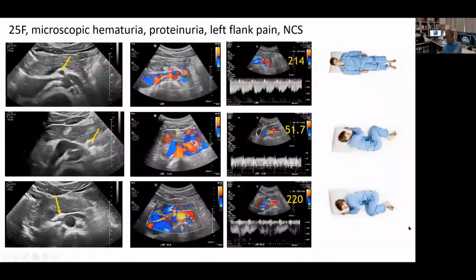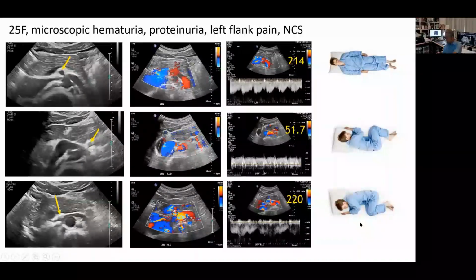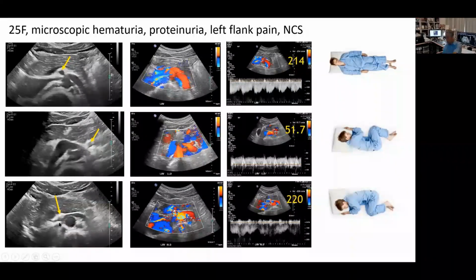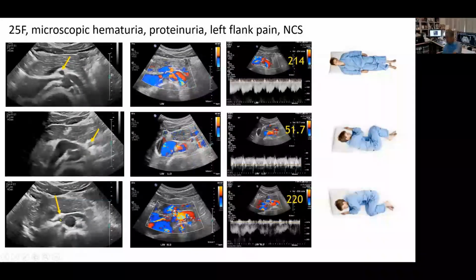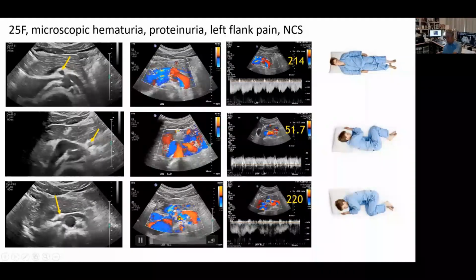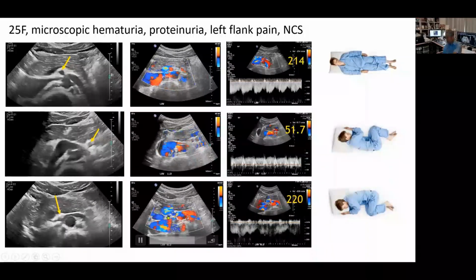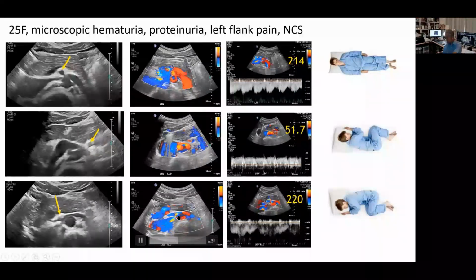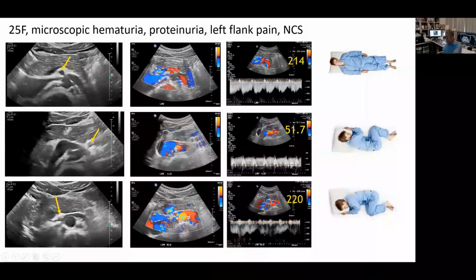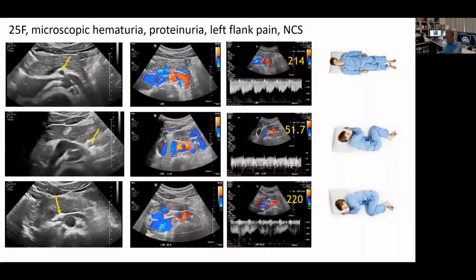And when the patient takes right lateral decubitus posture, the superior mesenteric artery came back to the pre-aortic location, and the left renal vein is again tightly compressed between the aorta and superior mesenteric artery with peak flow velocity 220 centimeters per second.